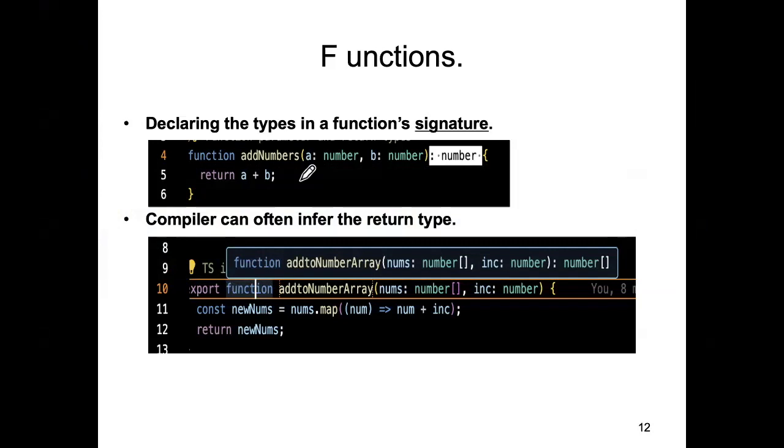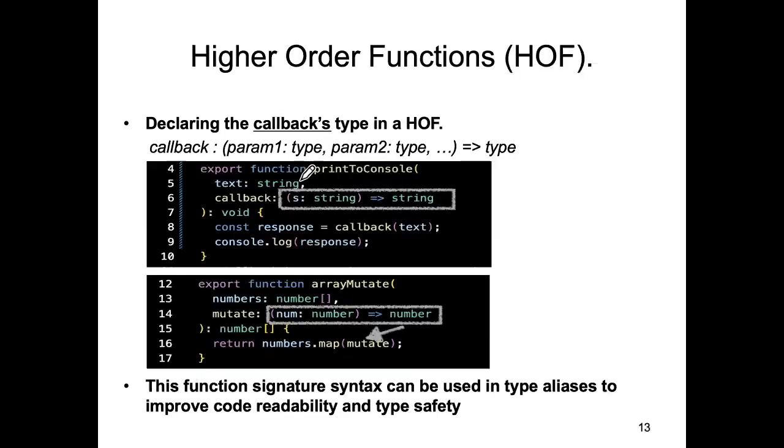Okay, so the 101 of functions is you have to declare the types of your parameters and possibly the return type as well of the function. When it comes to higher order functions, you might remember that a higher order function is a function that takes another function as one of its parameters, and that function parameter we refer to as a callback.